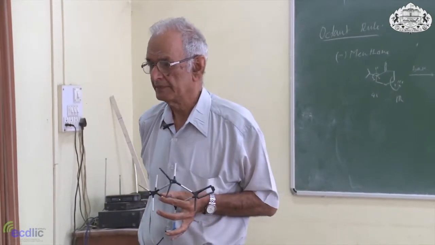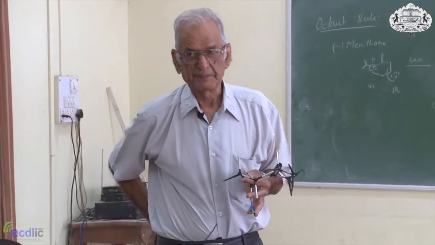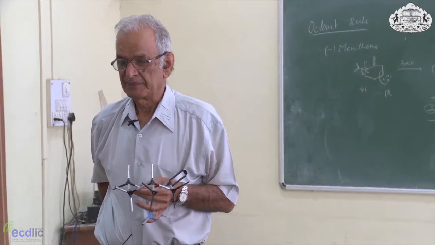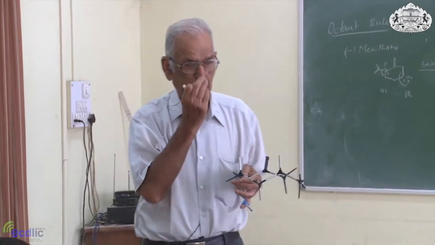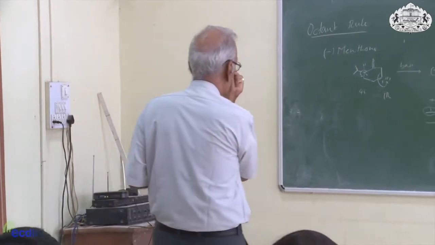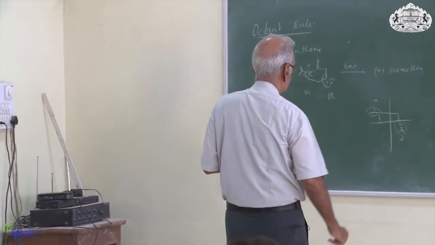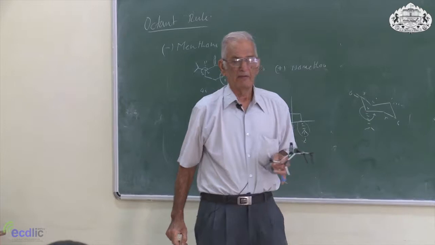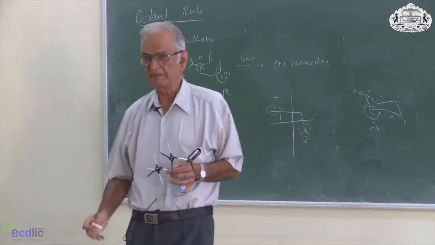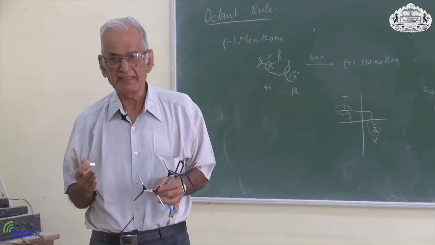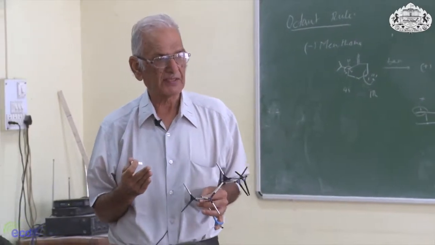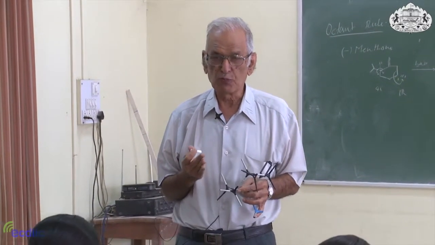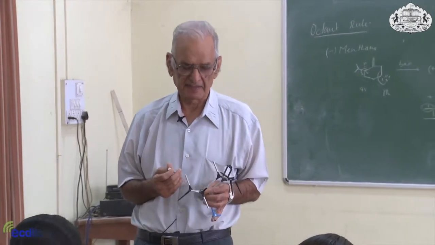What are the questions we now have to answer? The question we now have to answer is this. In a cyclohexane, the difference between equatorial isopropyl and axial isopropyl is 2.1 kilocalories.